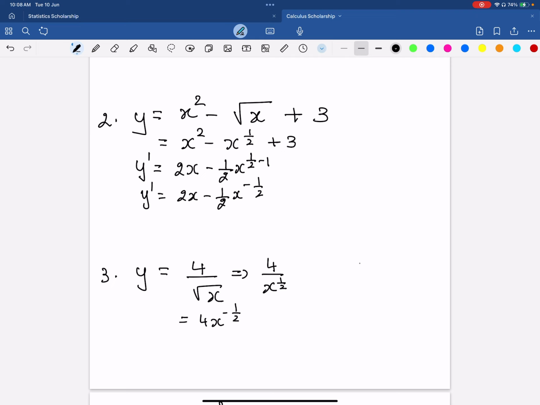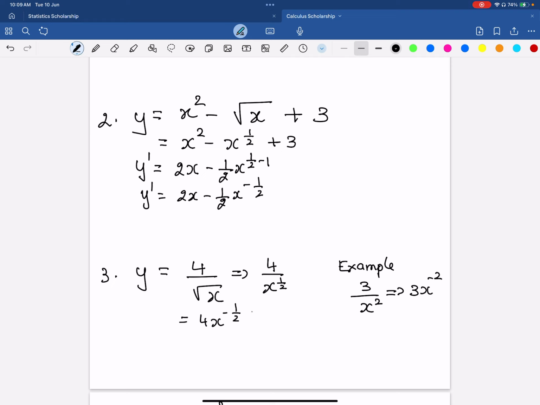So for example, if you've got 3 divided by x squared, I can write it as 3x to the power of negative 2.